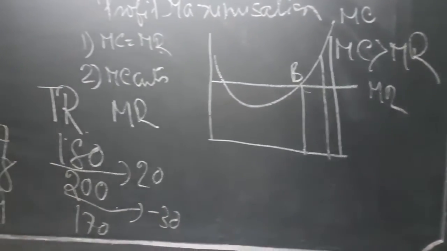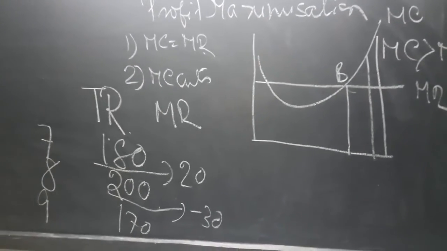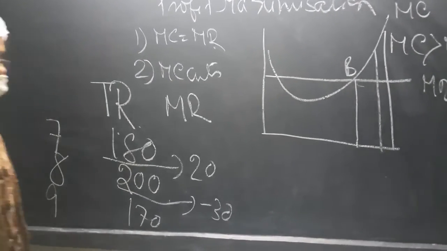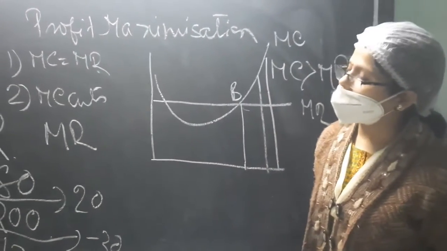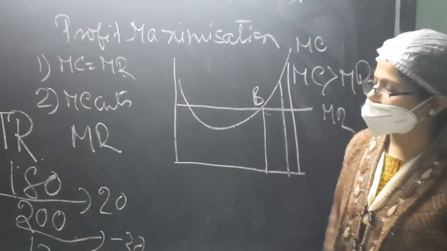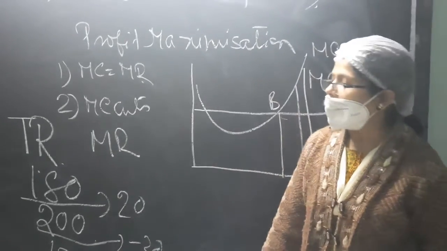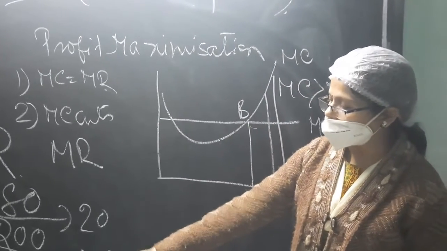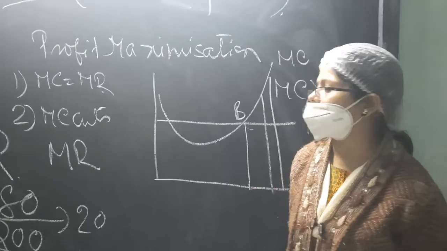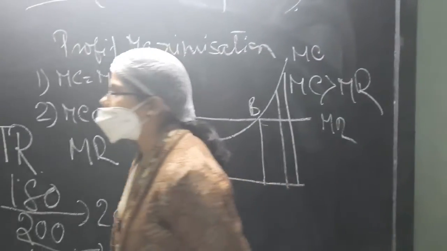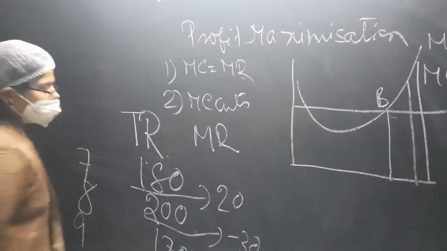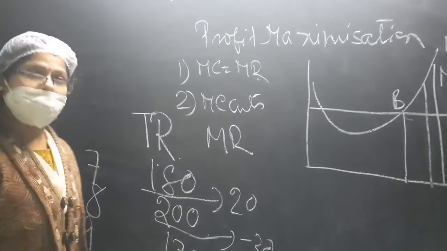It means when the firm is selling 7 units of product, total revenue is 180. When the firm is selling 8 units, total revenue is 200. When the firm is selling 9 units, total revenue is 170, positive, but it has fallen down. As a result, marginal product becomes negative.